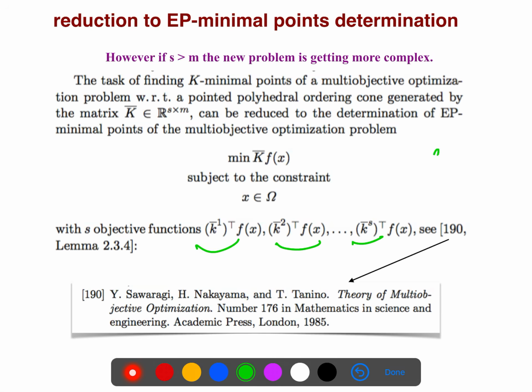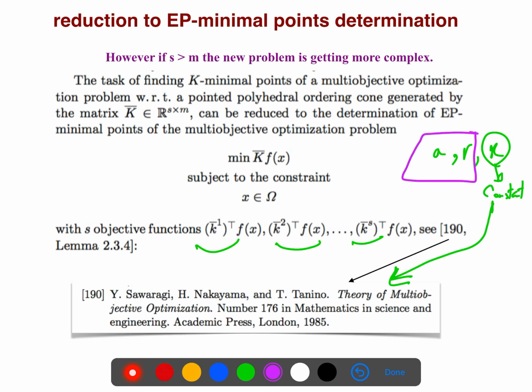And I will show you that in Pascoletti Serafini, we only need A and R and K. We keep K constant in this book, but it can be varied as well in this article and in the second book of Eichfelder. But in this book, we only vary these two parameters, A and R. Even most of the time, we keep R fixed and vary A in a hyperplane to find all the efficient points.